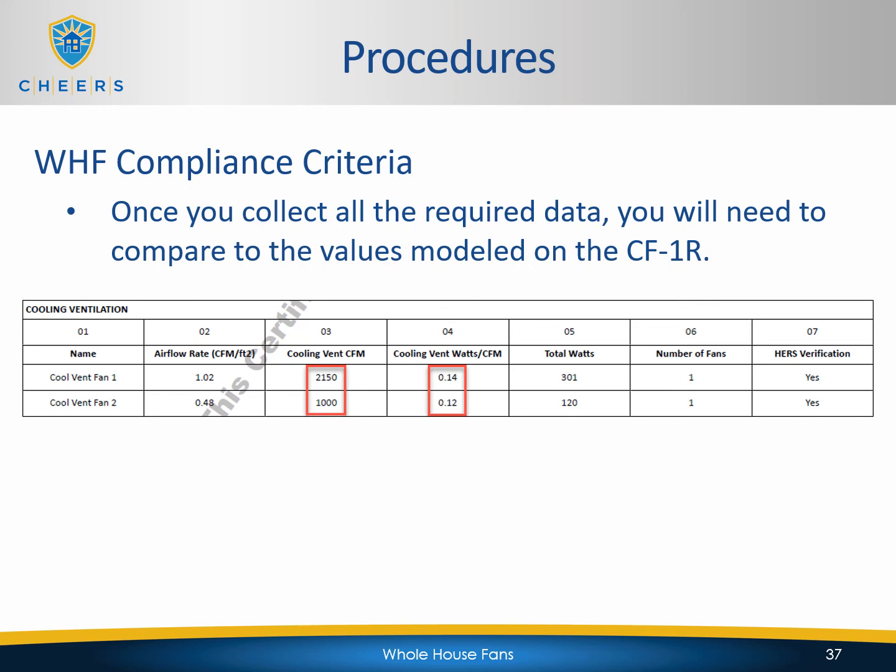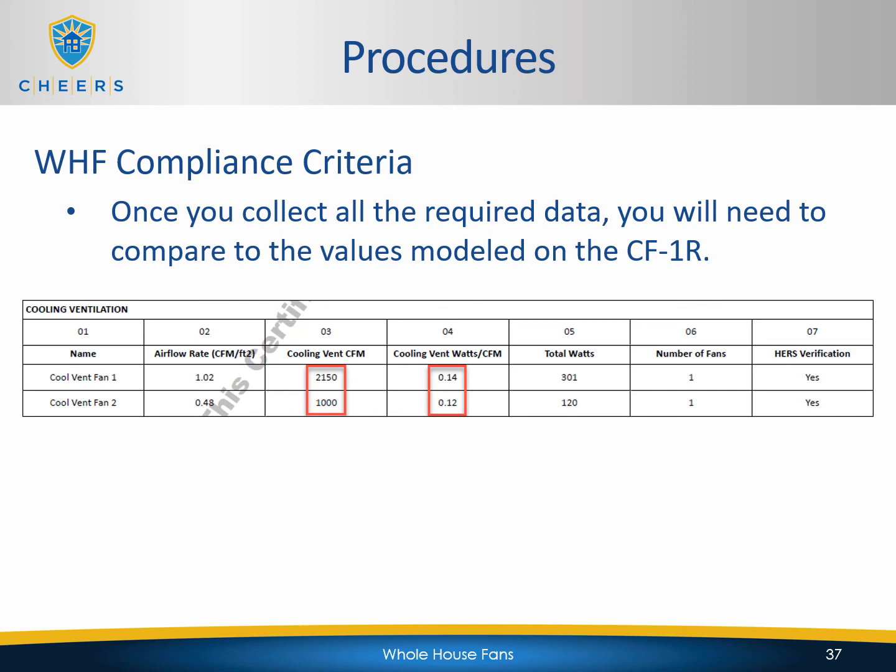For example, if we just had a single fan listed here, cooling vent fan number 1, the fan or fans installed in the home would need to have at least 2,150 CFM. It can be more, not less. And then they need to be at least 0.14 watts per CFM. These ones can be less and not more. So airflow can be more, but watts need to be less.